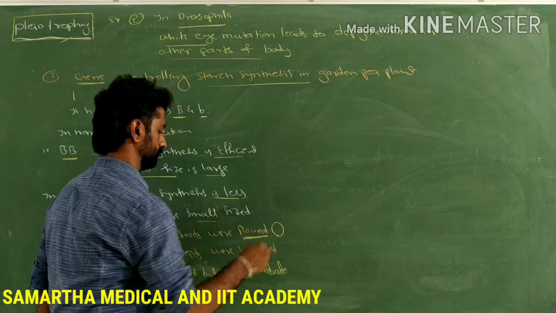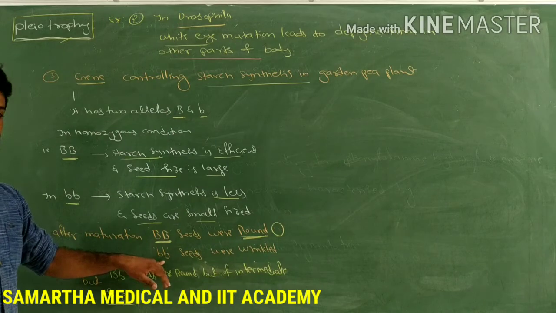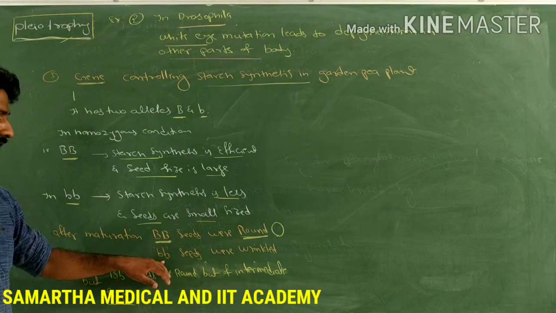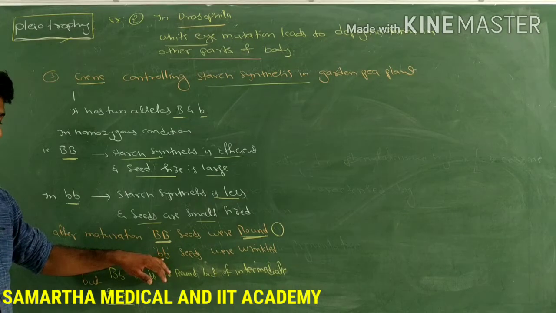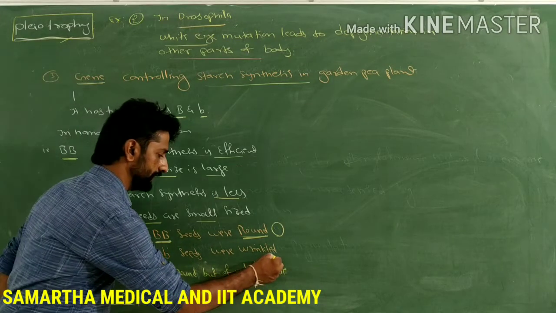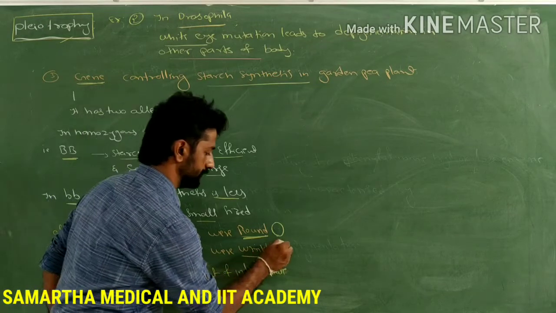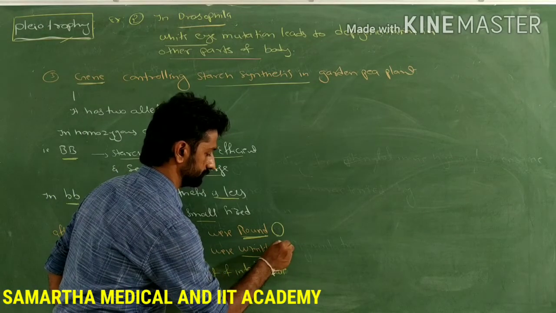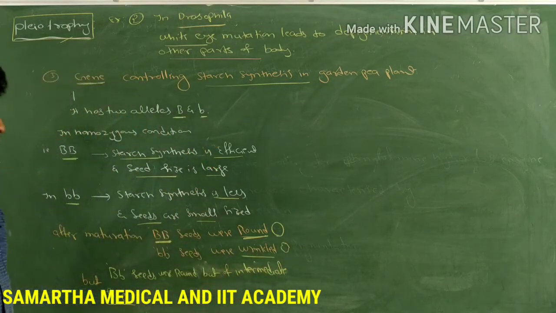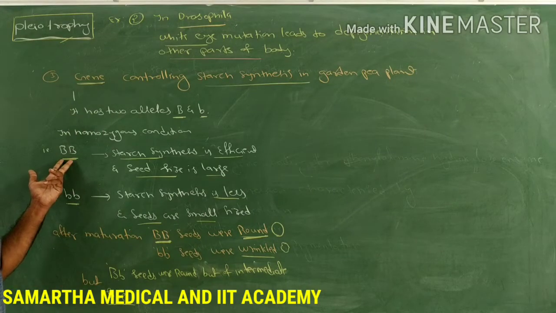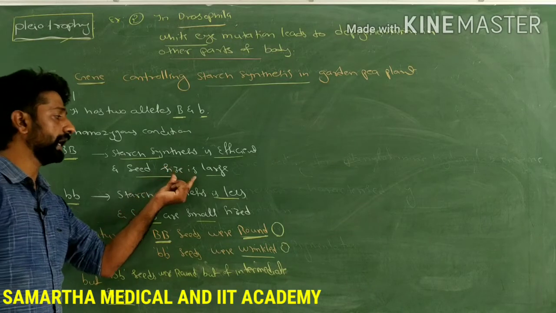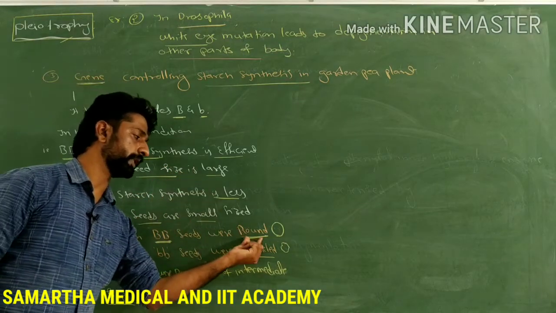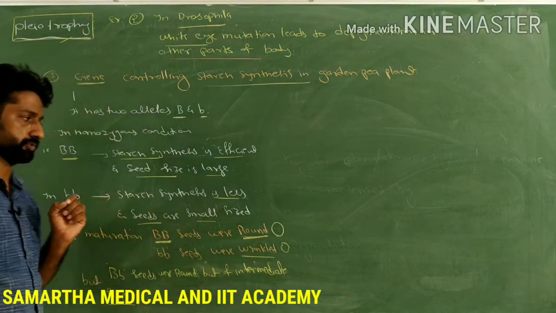But the other homozygous condition, that of small b, when these alleles are present in homozygous condition, seeds were wrinkled. So the homozygous condition of the capital B allele leads to large sized seeds, and upon maturation they become round seeds.